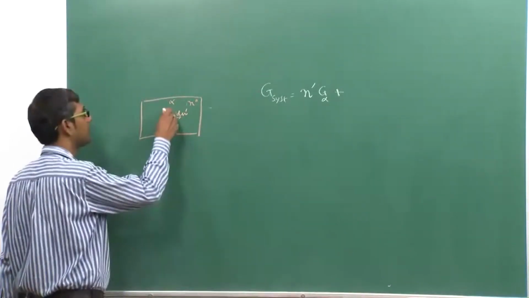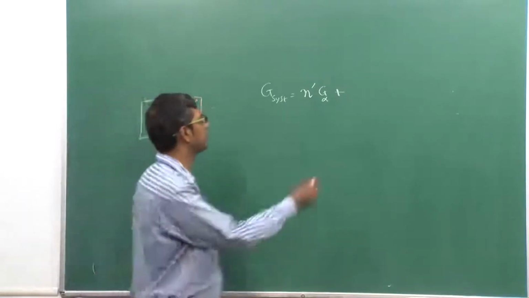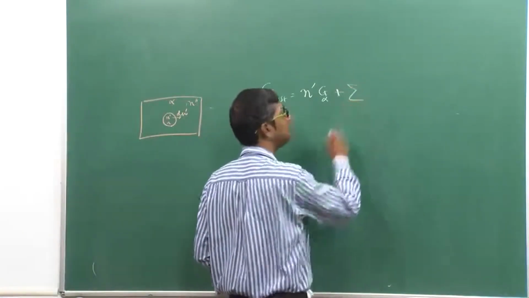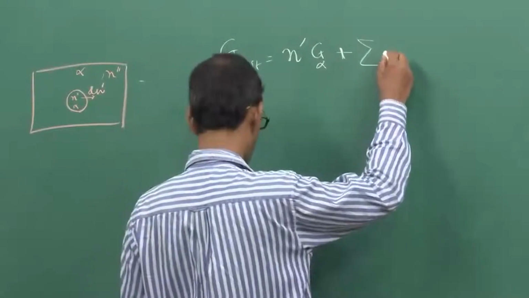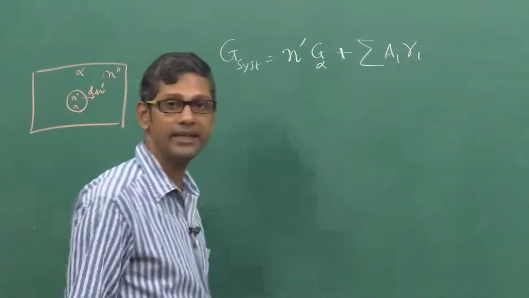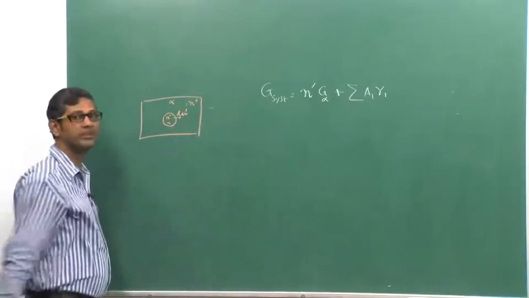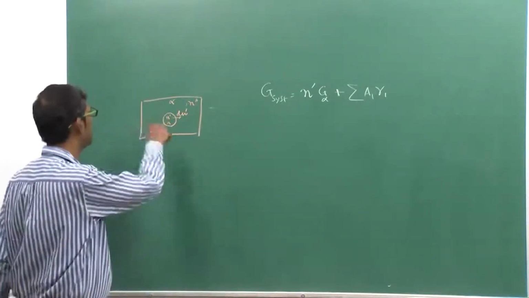Because of the interface between two alpha grains, I am writing it in general as the sum of gamma I A I; I do not know how many interfaces there are, but I can vary from 1 to anything, because you can have a large number of such grains present inside the big alpha grain.